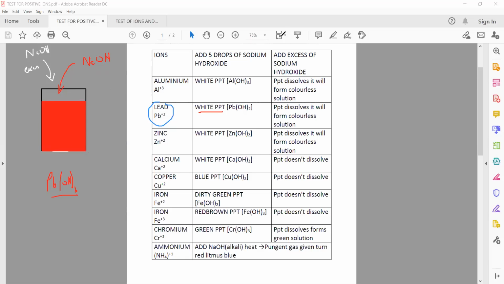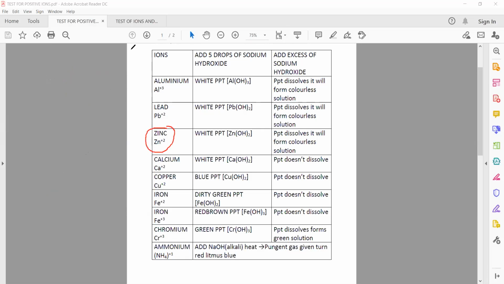Same thing, you have zinc. Zinc is a positive ion. If a solution contains zinc, what will you observe?